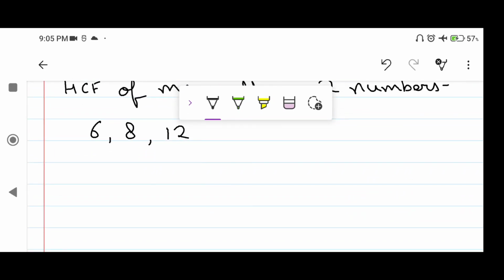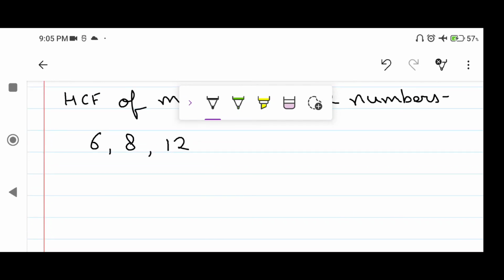We can take any two numbers from amongst the given numbers. So let us take 6 and 8. We could have taken 6 and 12 also, or 8 and 12 also. Any two numbers we could have taken.